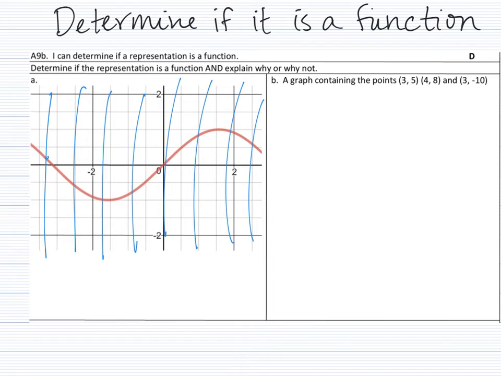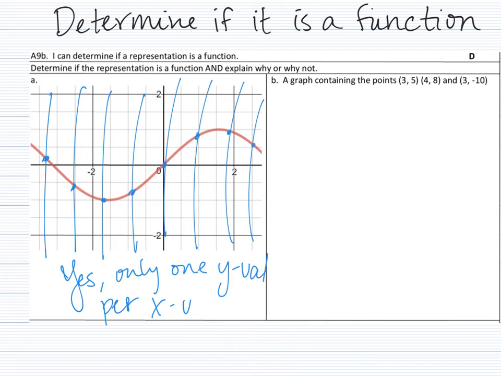And in all of these, it's just that one time. It doesn't cross through it twice. So, yes, this one is a function. There is only one y value per x value.